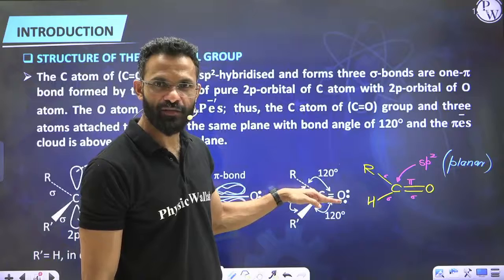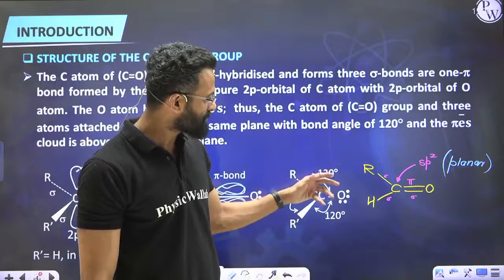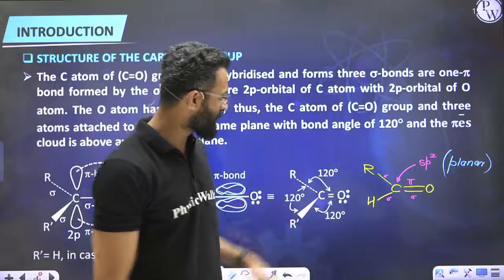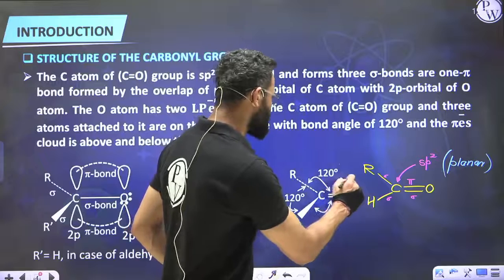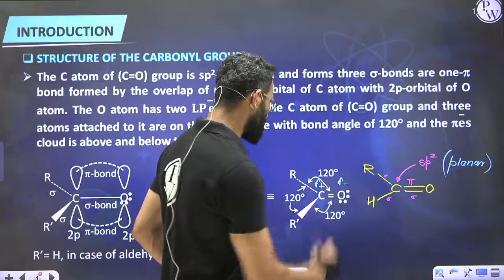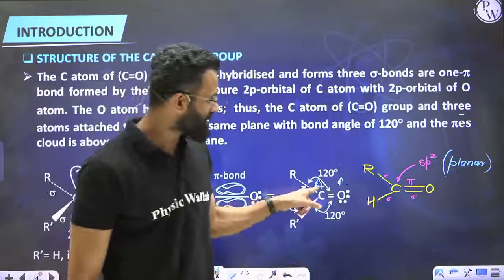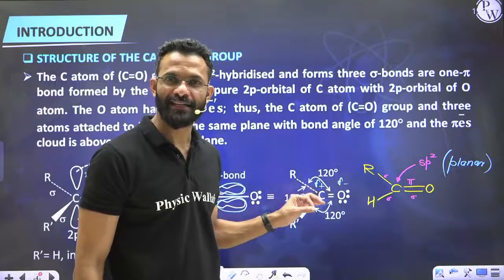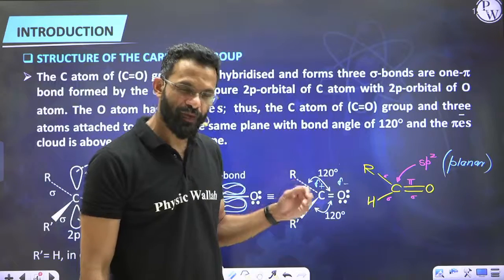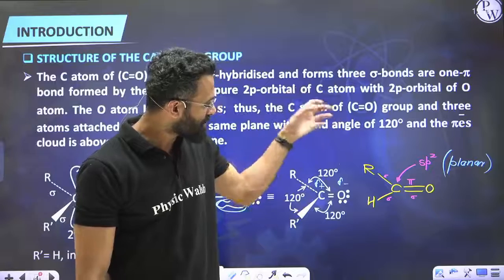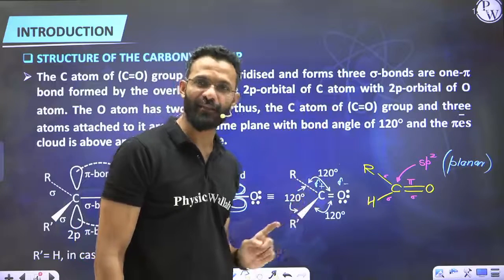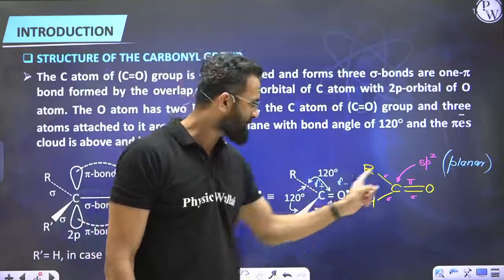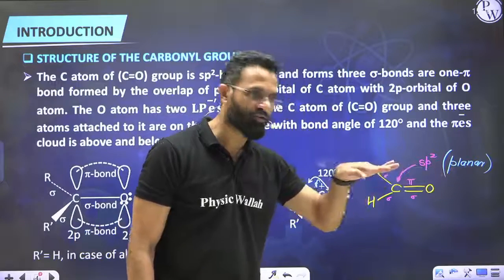If this molecule is planar, then imagine, since oxygen is more electronegative, it acquired delta minus and carbon acquired delta plus charge. The presence of delta plus charge on the carbon atom indicates that it is electron deficient. So imagine if any incoming nucleophile wants to attack this carbon atom, but the carbon being in sp2 hybridized state has a planar geometry.